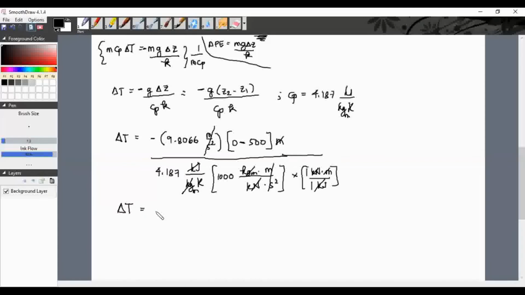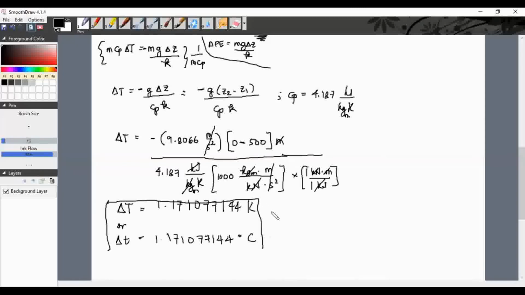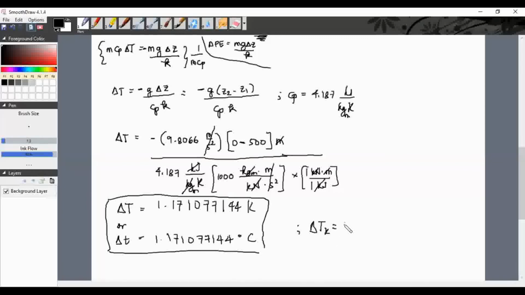The answer will be 1.1077144 Kelvin, or delta T is equal to 1.171077 degrees Celsius. They are the same, because the temperature change in Kelvin is equal to the temperature change in degrees Celsius. So that is the answer.